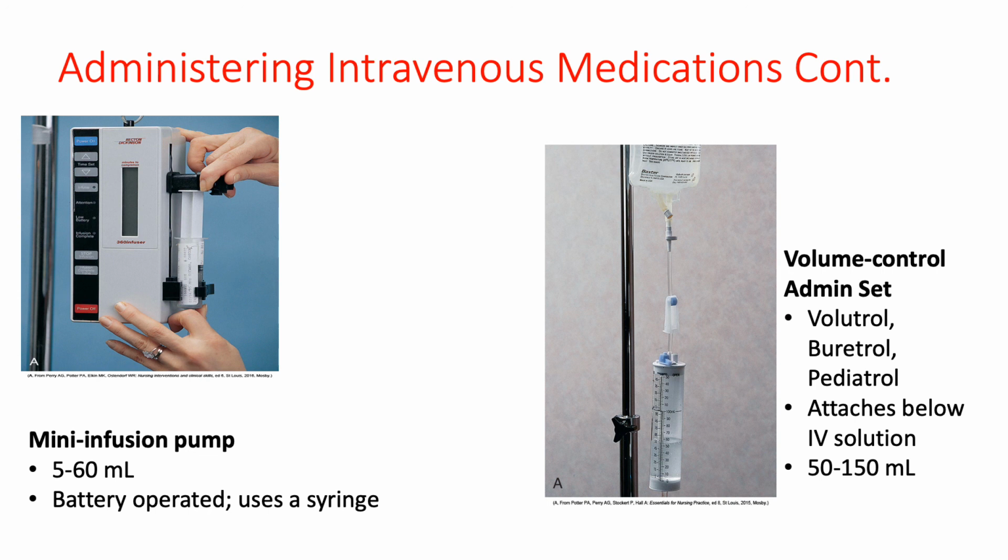And you see that there's also a roller clamp, so you can fill that chamber with a volume of anywhere from 50 to 100 milliliters of fluid. Then you would close the roller clamp so that no more fluid could go in, and then you know that over that hour or that specified time period that you set, the patient will only receive the volume that you put into that chamber. So it's a really good method of controlling how much your patient is receiving.